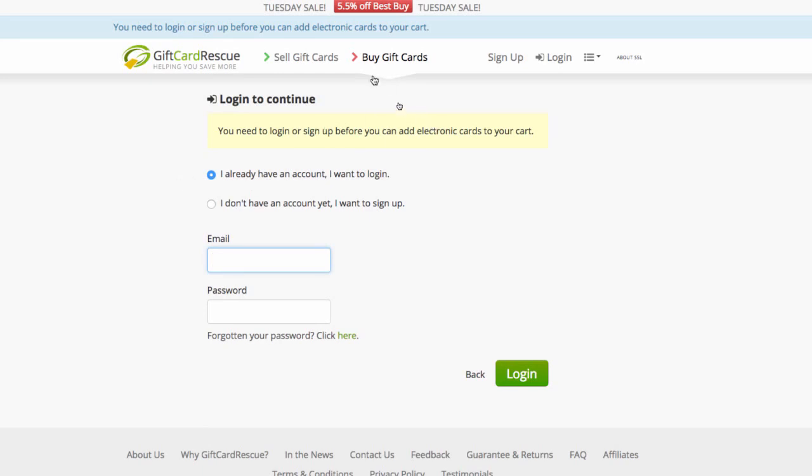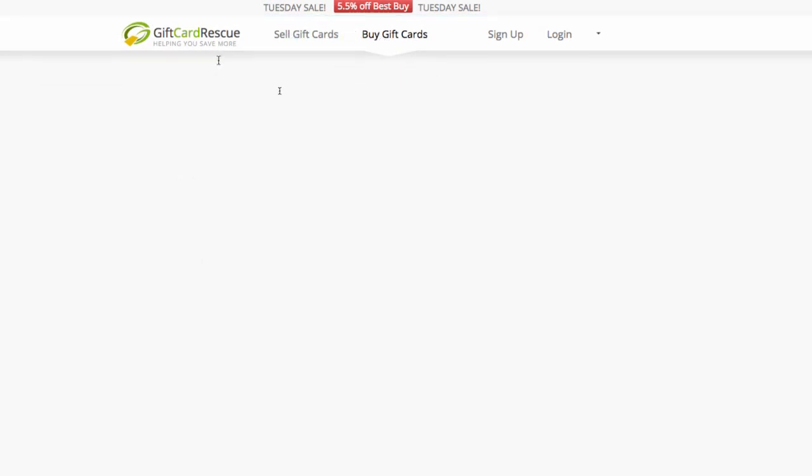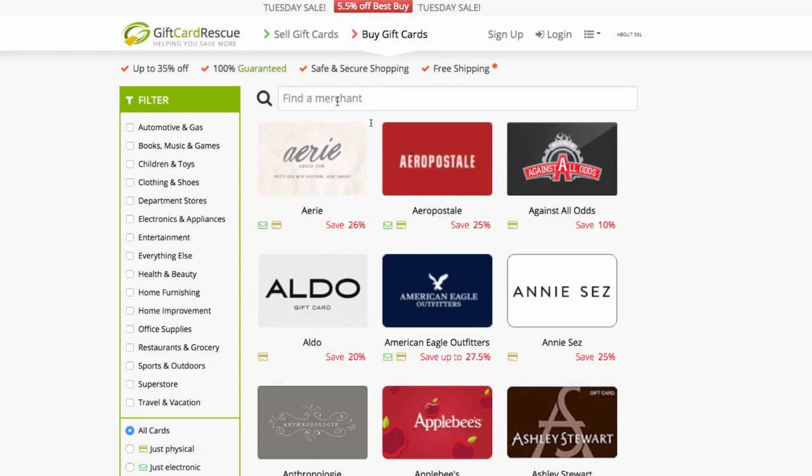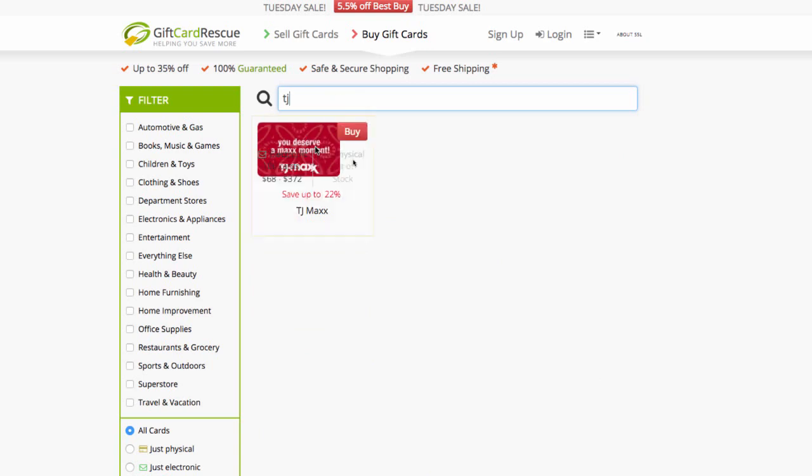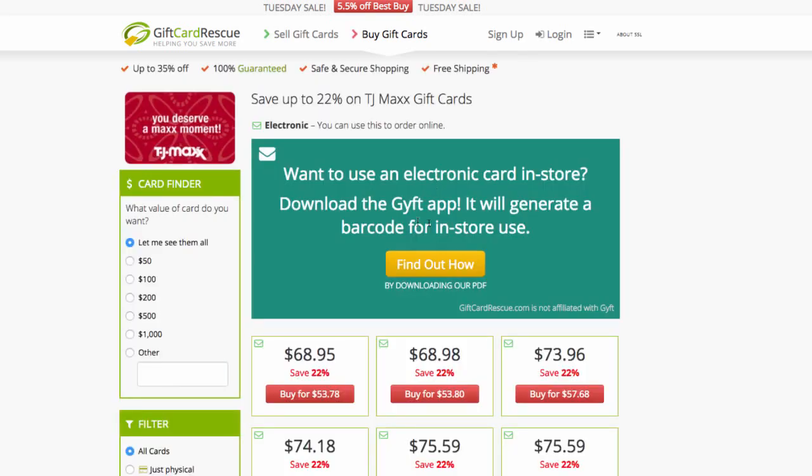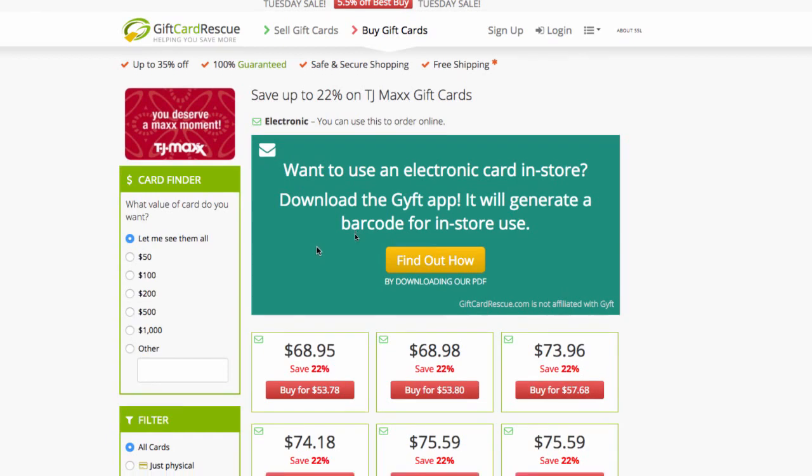And it's wanting me to sign in, but I think I'm going to just search over here. Alright, so let's type in TJ Maxx. Let's check them out. Alright, so here you have all their TJ Maxx cards.